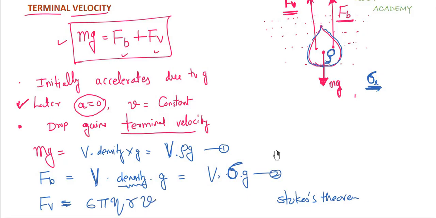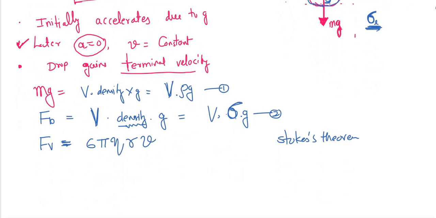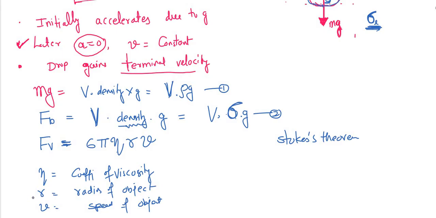Now we should know the meaning of these letters. Eta is the coefficient of viscosity, r is the radius of the object which is falling, and v is the speed of the object with which it is falling. So these are the three forces which will be experienced by the object.